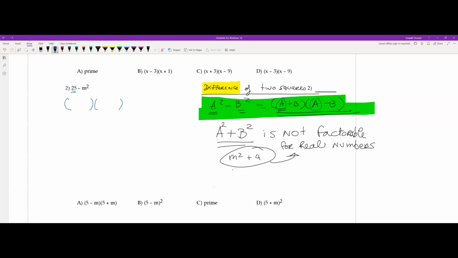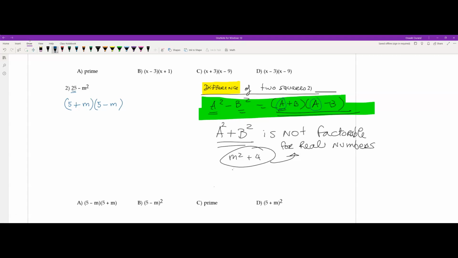So what is the square root of 25? Well, it's 5. So put 5 and 5 here. Now, what is the square root of m squared? What makes m squared? m times m. So we put m here, and m here. And then you can put the plus and the minus anywhere. Doesn't really matter. So put plus, minus. And that's it. That's all you have to do.